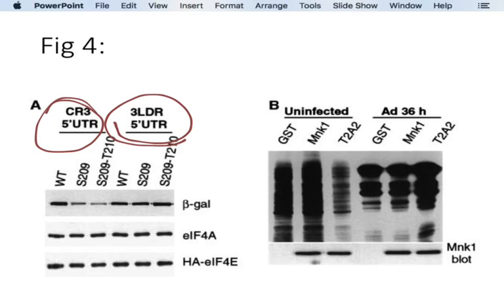They've taken beta-galactosidase and put it downstream of one of those mRNA leader sequences. S209 refers to the EIF4E that's not phosphorylatable on that site. The S209 T210 refers to the one that definitely cannot be phosphorylated at all.